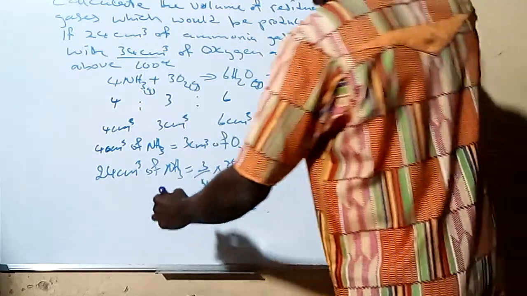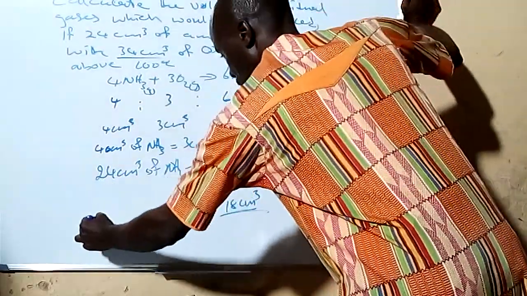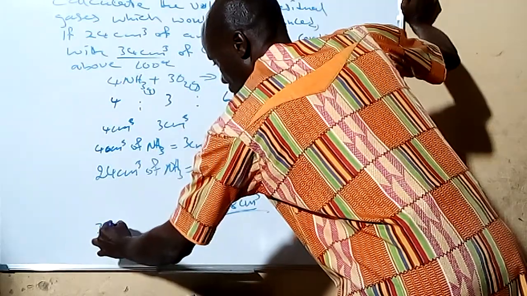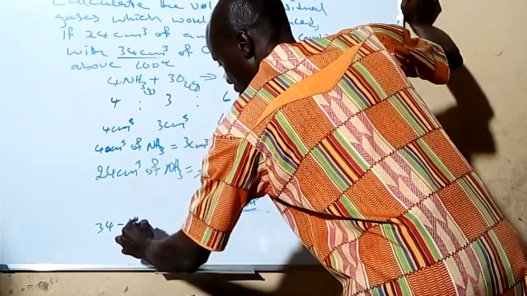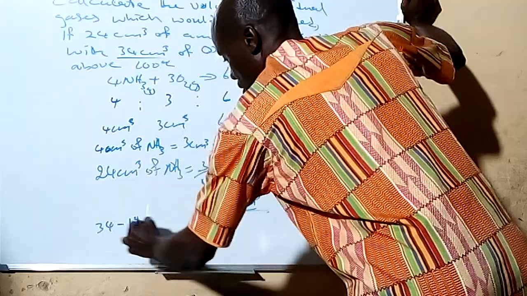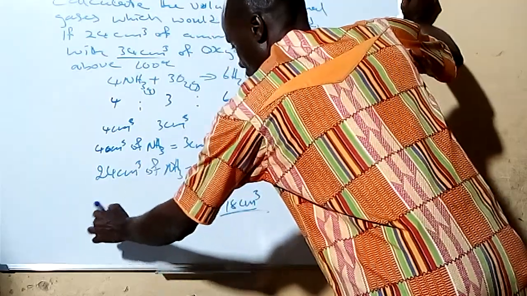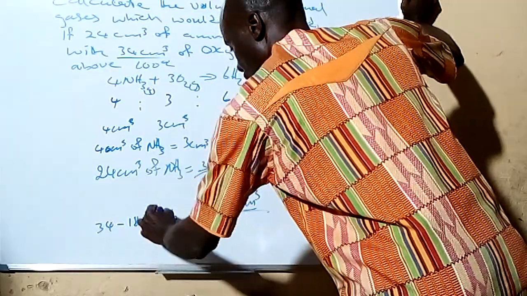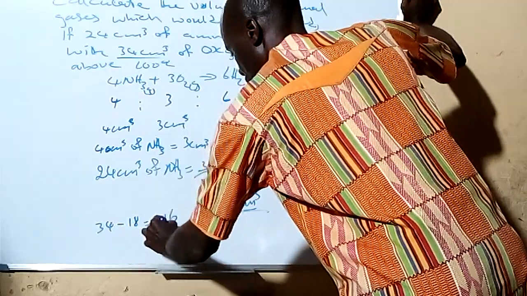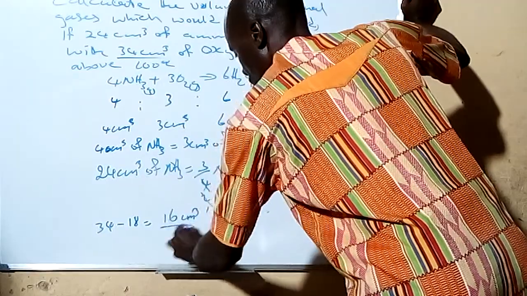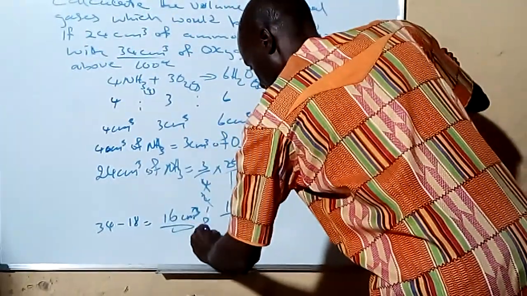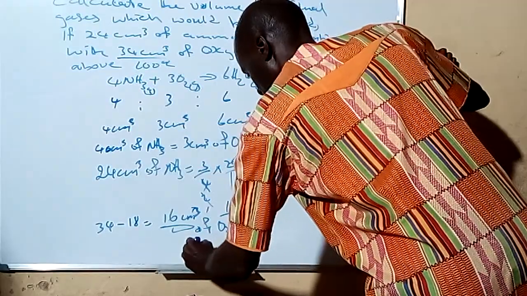So the extra oxygen that did not react is 34 minus 18, which gives us 16 cm3.